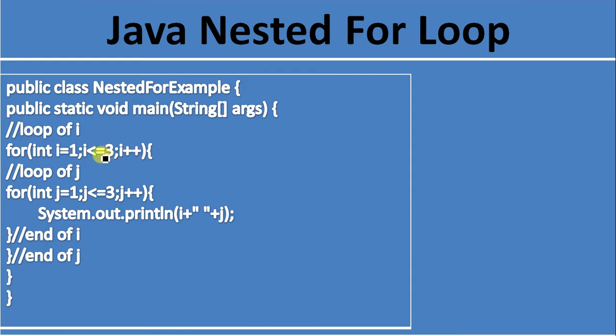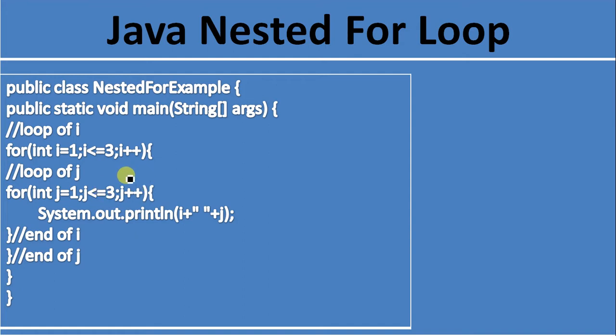If the condition is true, then again it comes to the inner loop and this inner loop will execute 3 times. Again control comes out from the inner loop, goes to the outer loop and checks the condition. Until the outer loop condition is false, it will execute the inner loop as well.